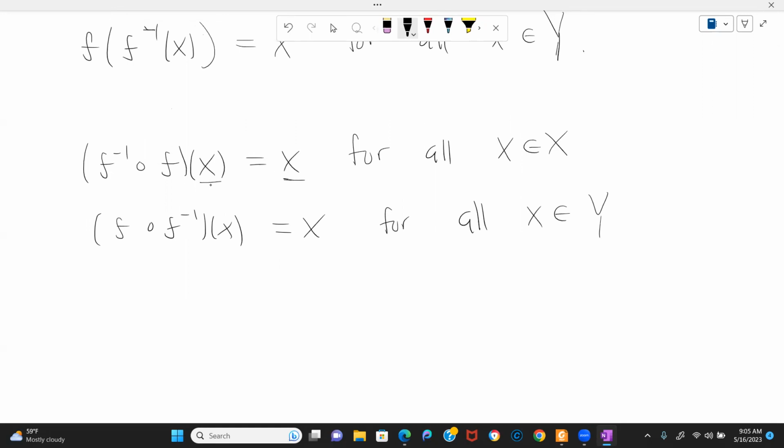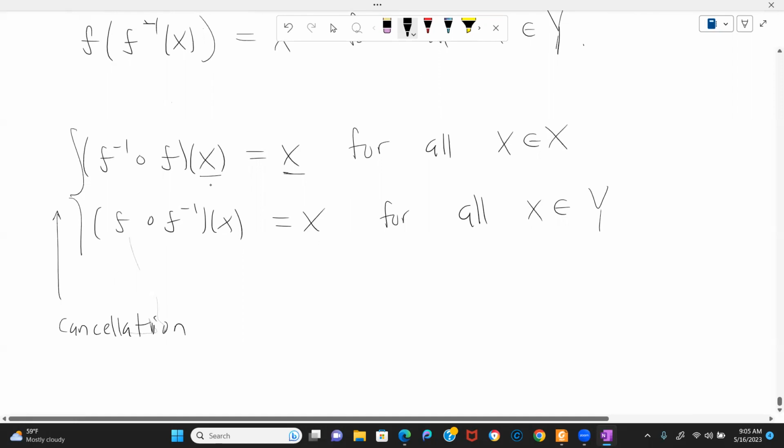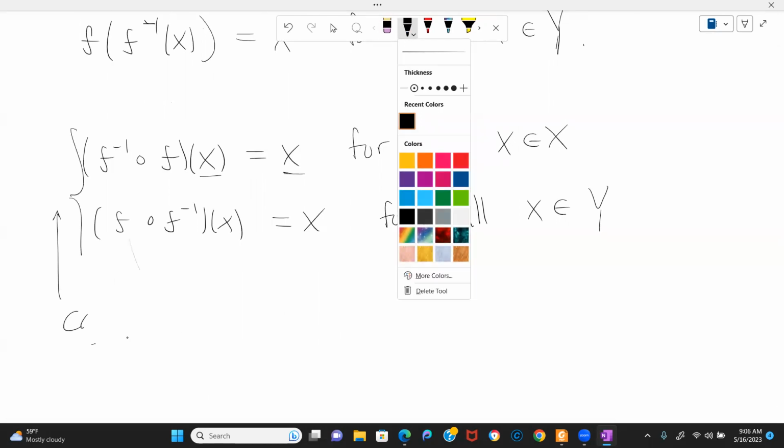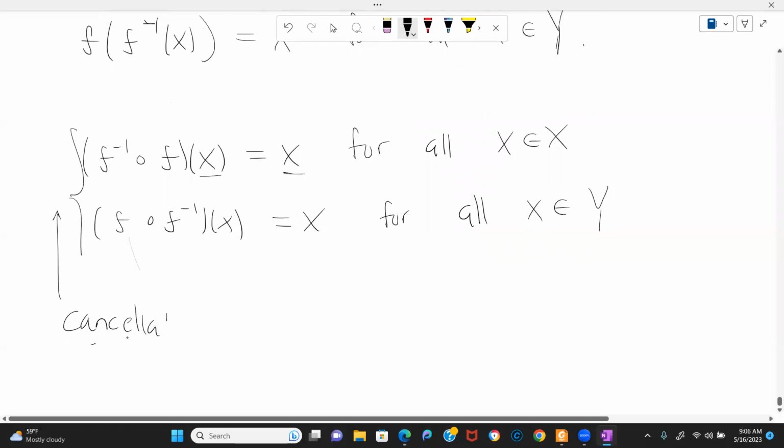So this expresses the fact that a function and its inverse undo each other. These are called cancellation properties.